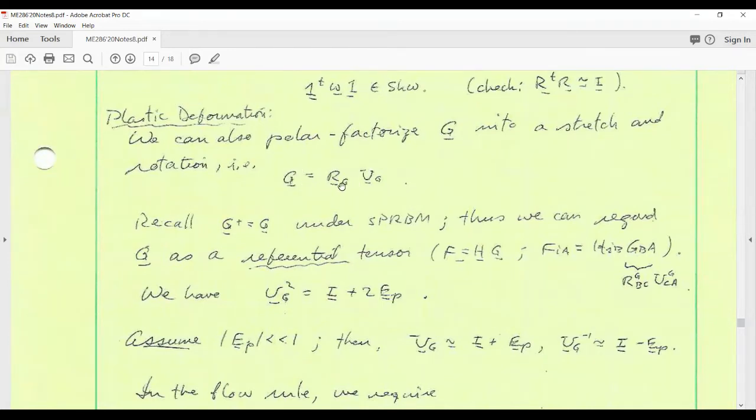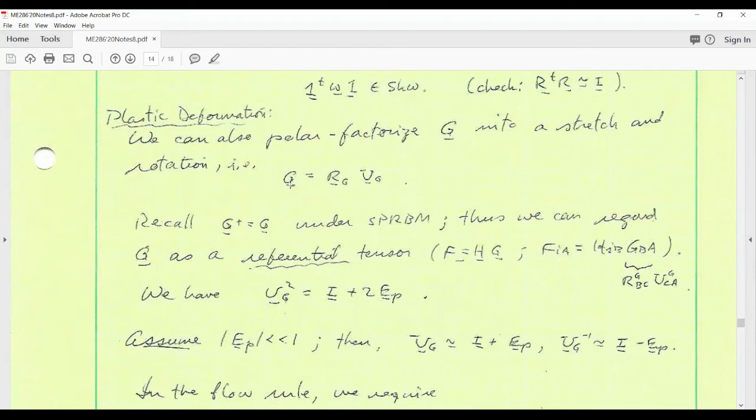Let's polar decompose G, the plastic factor in the deformation gradient, and I'll use subscript G to identify the rotation factor and the stretch factor. So this R_G has nothing to do with the previous R, and the U_G has nothing to do with the previous U. They're simply polar factors in the decomposition of G.